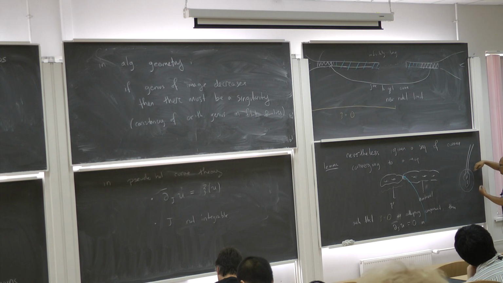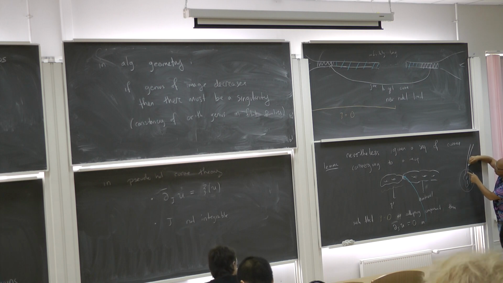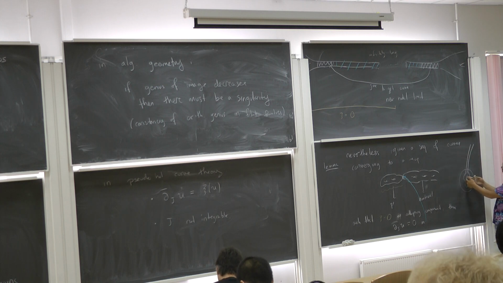The proof of this is something like the following. If you look at this sort of limiting family, you can just study what the map looks like in this long tube. And the fact that this piece is a higher genus curve sort of forces the winding number of this circle around here to be more than 1.